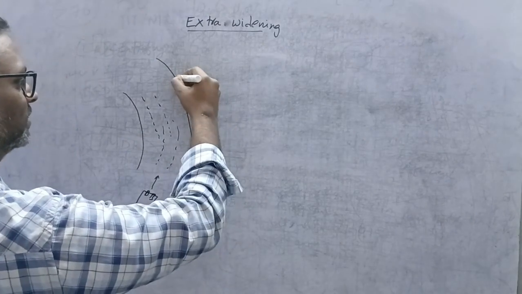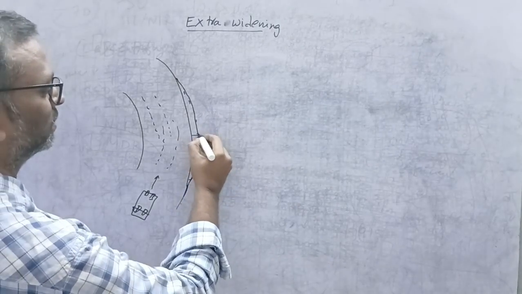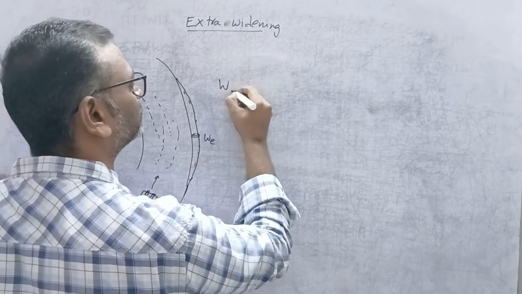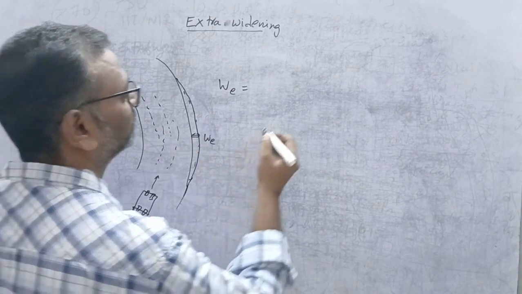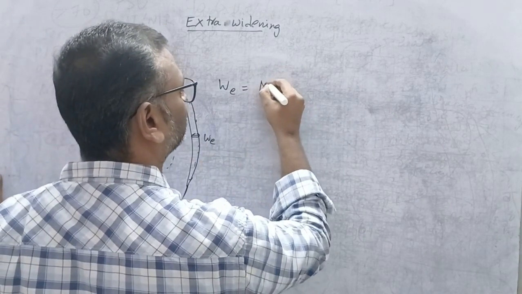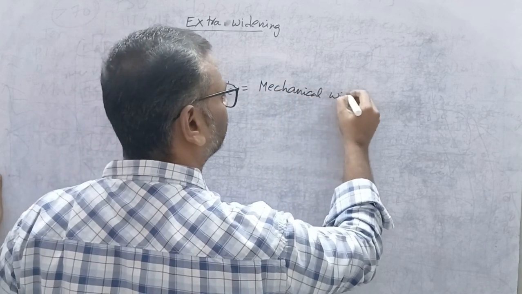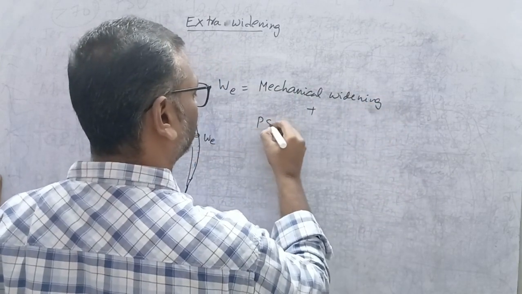So we need this extra width, right? This one is called extra widening at curves. Extra widening at a horizontal curve is the sum of mechanical widening and psychological widening.